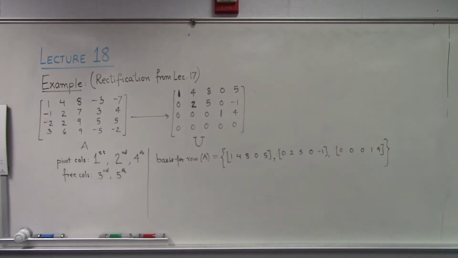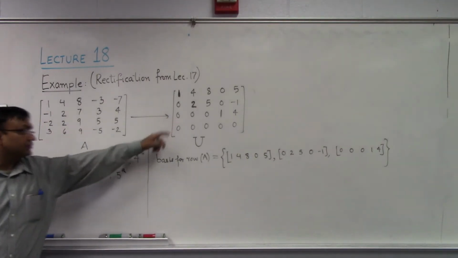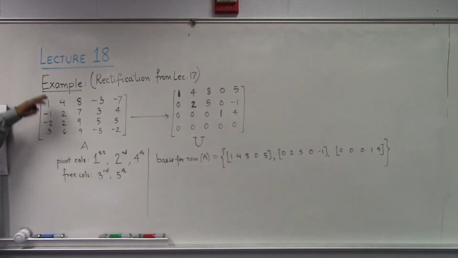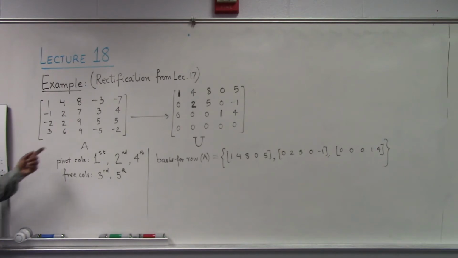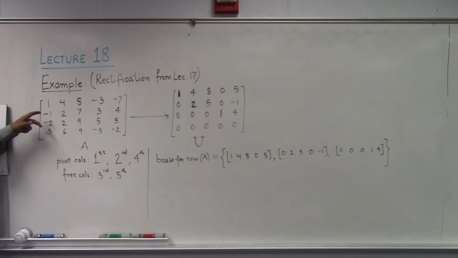Again, let me repeat one thing, that there are three pivot rows. If I knew what the three corresponding pivot rows are over here, then I could have used this also as a possible basis. Since I do not know what operations I have done, right now I can't be sure that I did not make a swap, because of which I can't just simply say the first, second, third rows are going to be the basis. It might be the first, second, and fourth row if there was a swap involved.